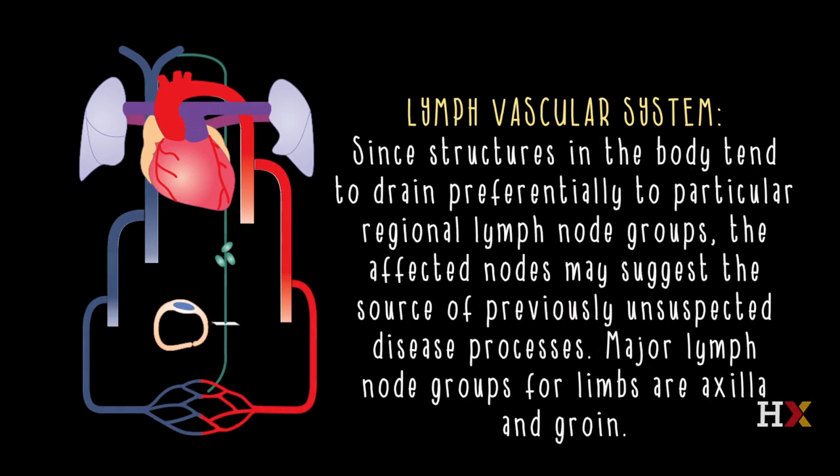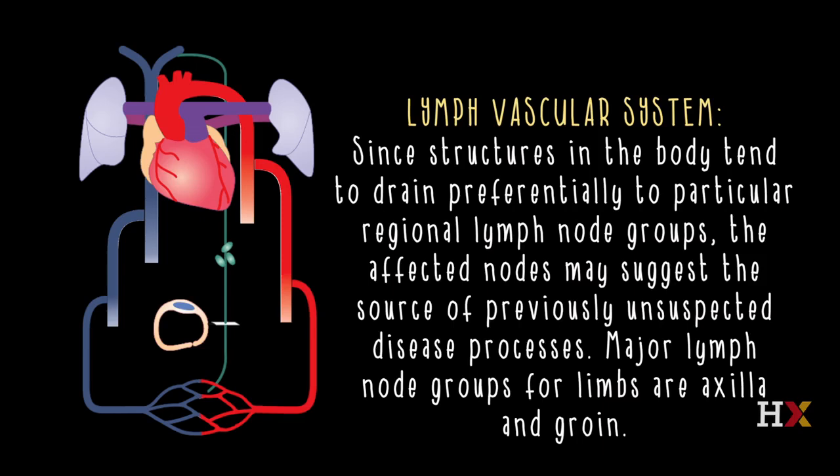One reason that the passage of lymph through lymph nodes is important in clinical diagnosis is that it can be used to help identify the source of an infection or the source of metastatic disease. So lymph nodes, which are invaded by either pathogens, bacteria, fungi, other microorganisms, or by cancer cells, may become enlarged and palpable, which means that we can feel them.